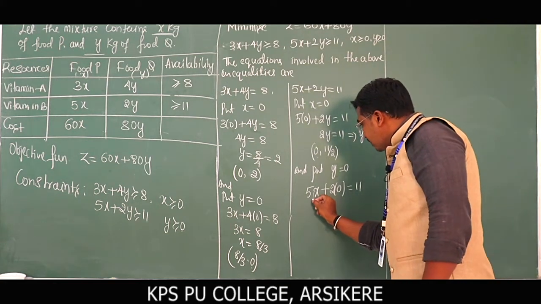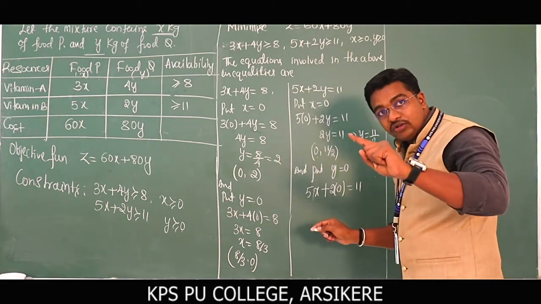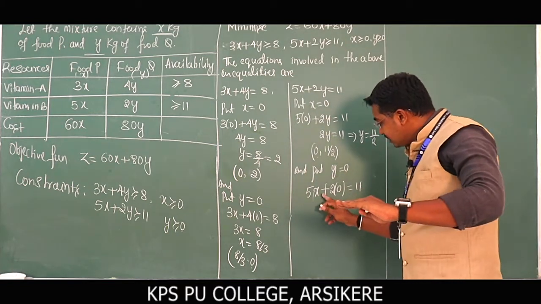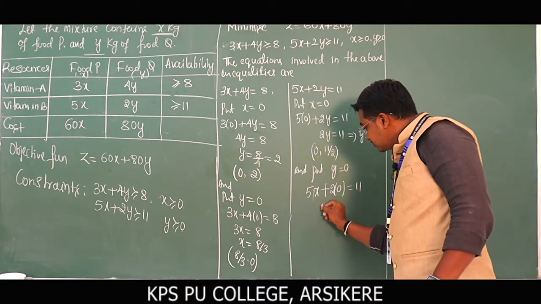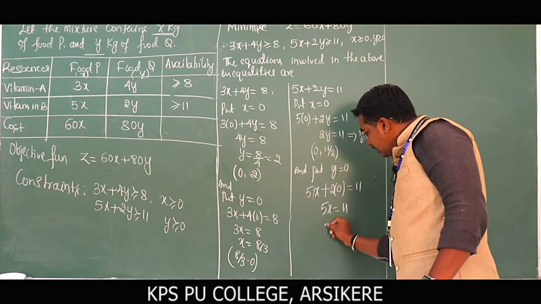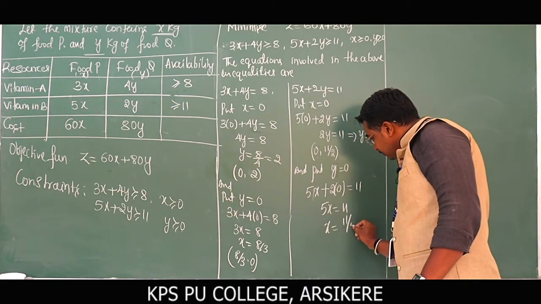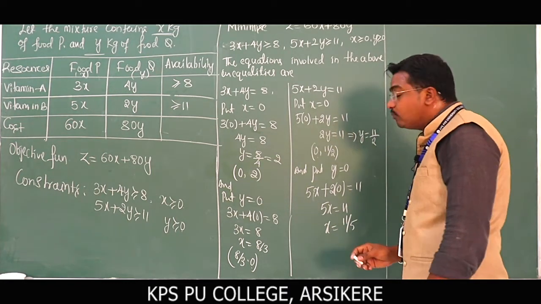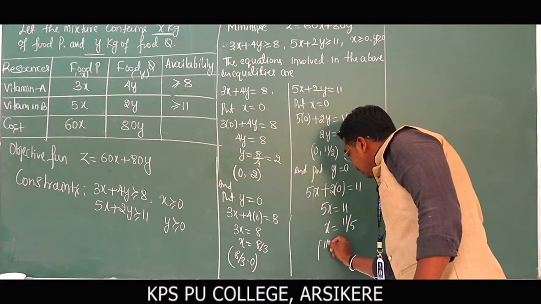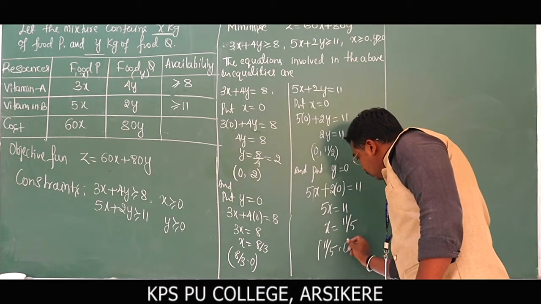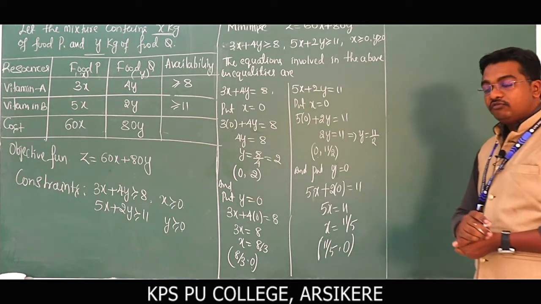So what about x then? 2 into 0 is 0. 5x plus 0, we are left with 5x is equal to 11. x is equal to 11 divided by 5. The corresponding point on the x axis will be 11 divided by 5 comma 0.